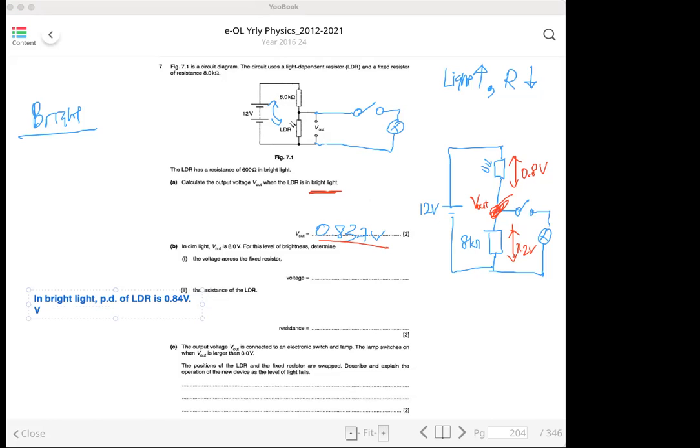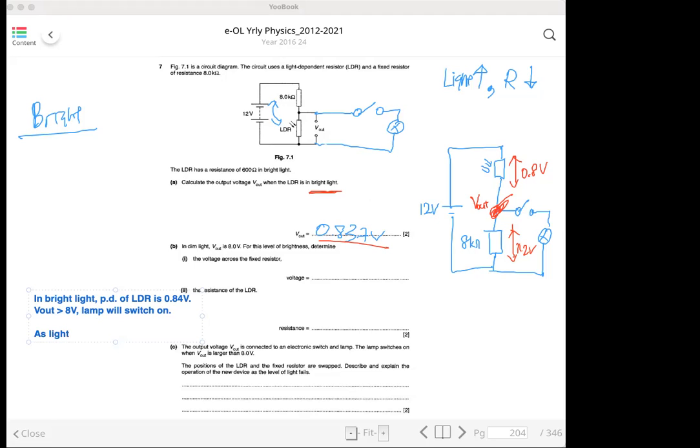So therefore, the V out will be greater than 8 volt. The lamp will switch on. Understand? Okay, the lamp will actually switch on.